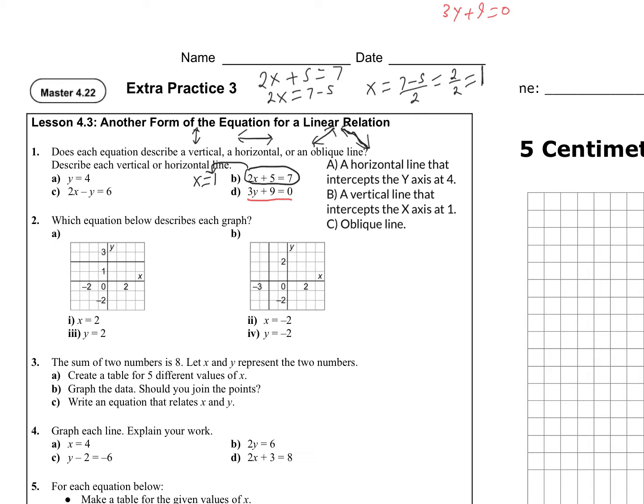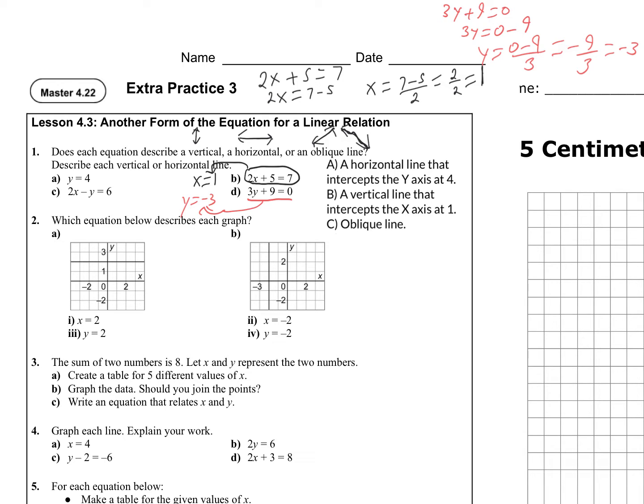If I want to get rid of this 9, I have to subtract 9 from both sides, which leaves me with 3y equals 0 take away 9. Now I need to divide this side by 3, so y equals 0 take away 9 over 3. 0 take away 9 is negative 9 over 3. Negative 9 divided by 3 is just negative 3. This one leaves me with y equals negative 3.